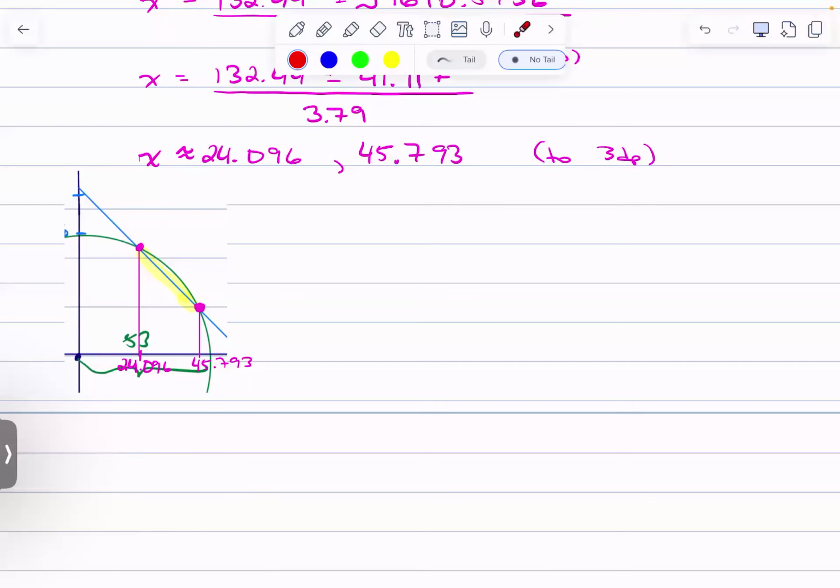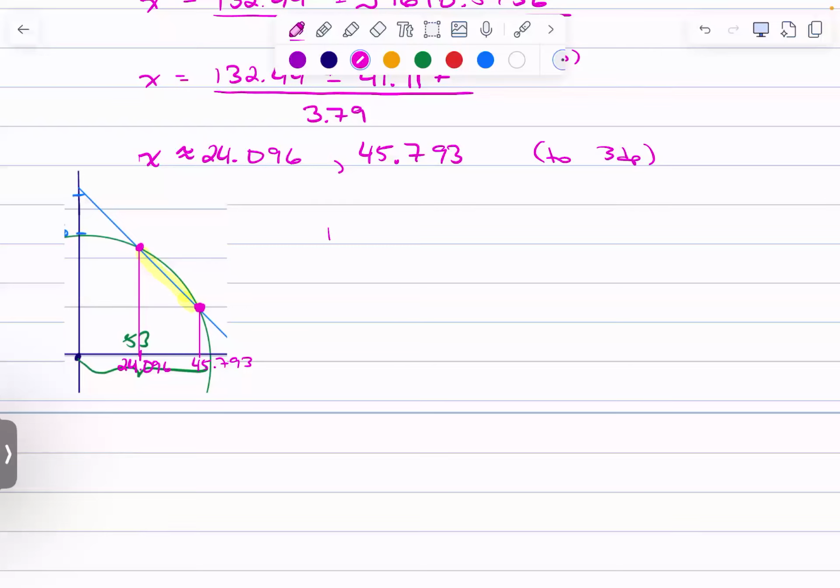Got 2 options. You can plug in each of these values of x into the circle and solve for y. That's harder than just plugging it into the line, right? They have to be the same because this point satisfies both the circle and the line. So I would say let's use the line instead.